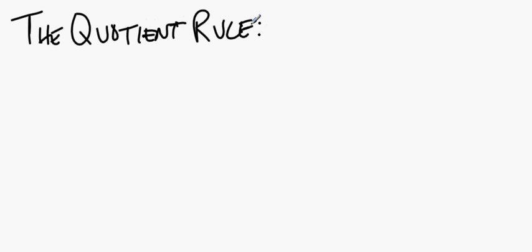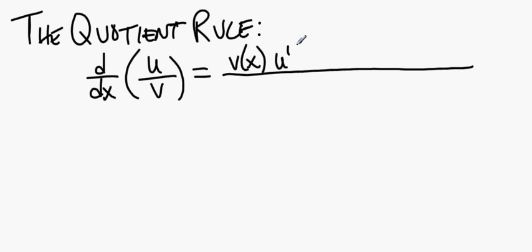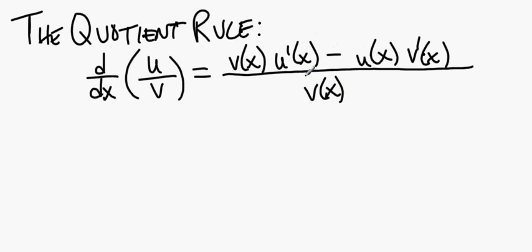The quotient rule says, if I have the derivative with respect to x of a quotient u over v, that is v of x times u prime of x minus u of x times v prime of x over v of x squared.